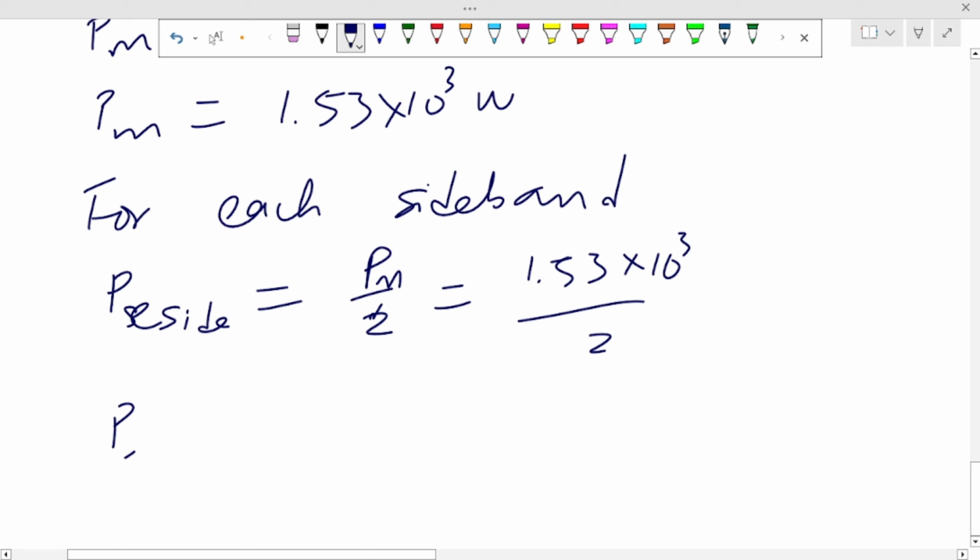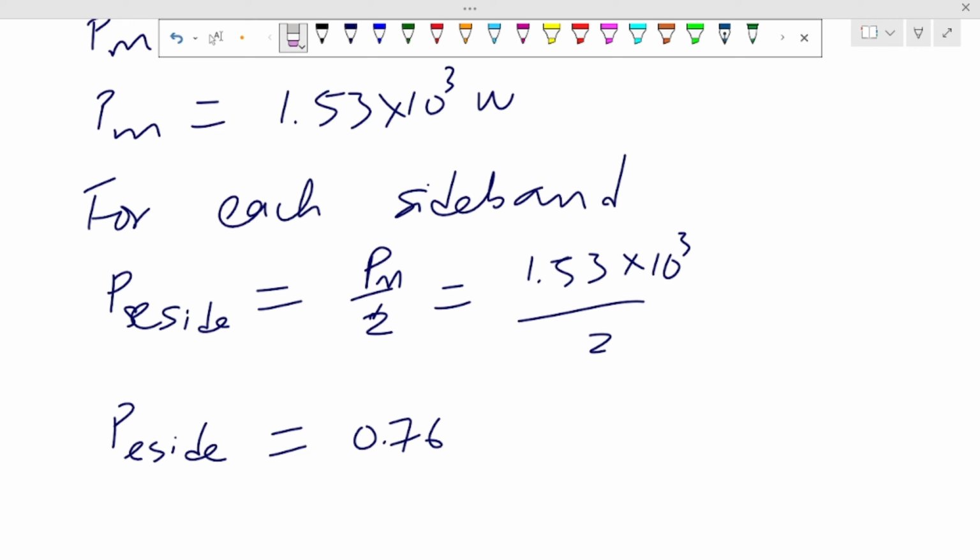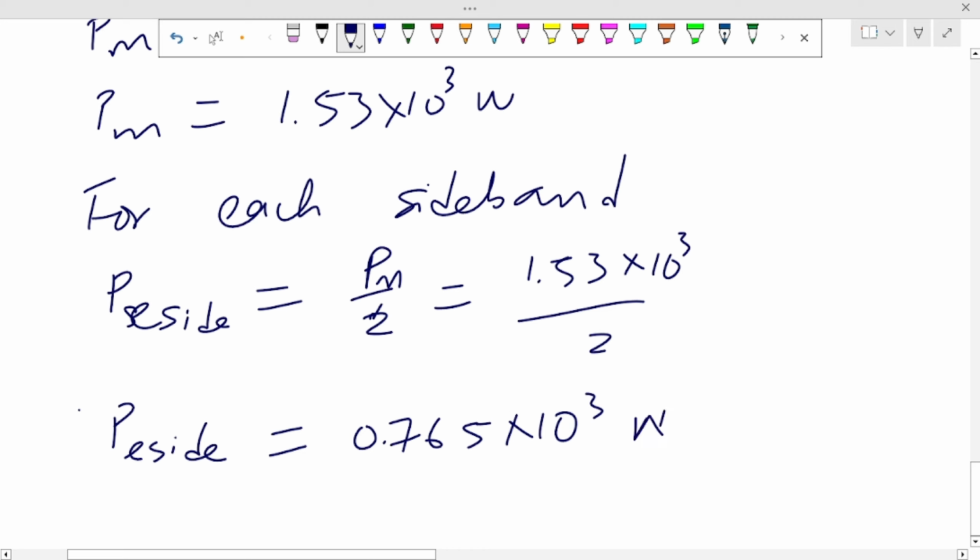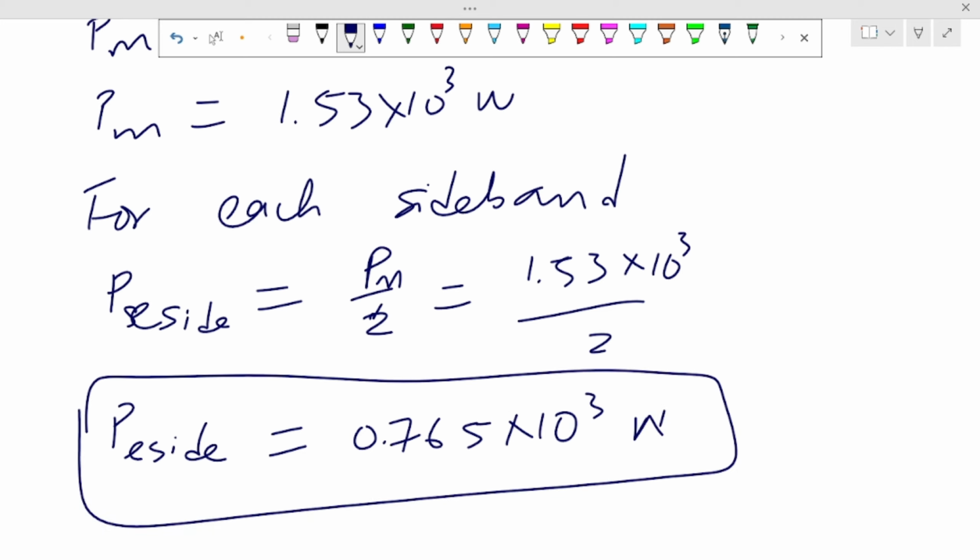So that will give you power for each sideband as 0.765 times 10 to the power 3 watts. So that'll be all.